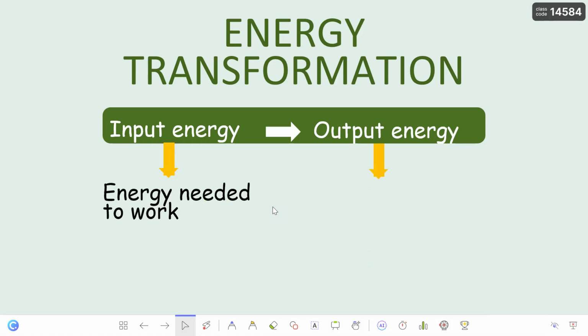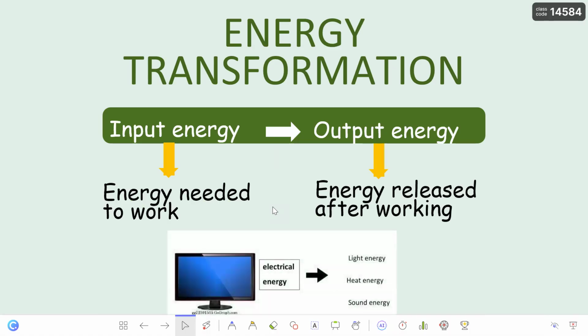Okay, like in the following example, the input energy is the energy needed to work. The energy needed to let the TV work is the electrical energy. When I turn it on, this input energy is going to change to light, heat, and sound energy.